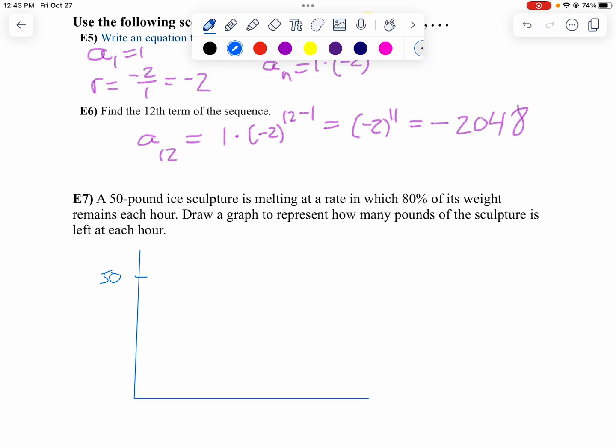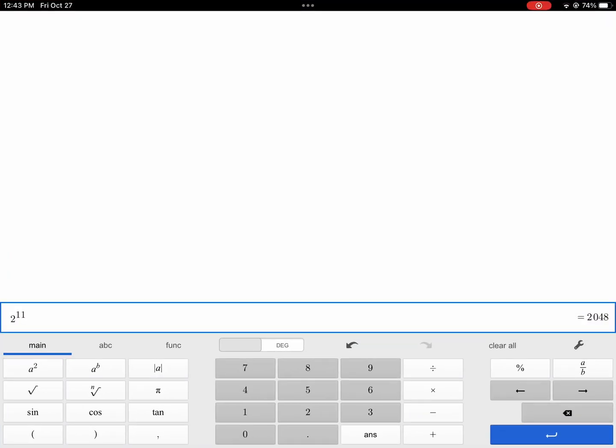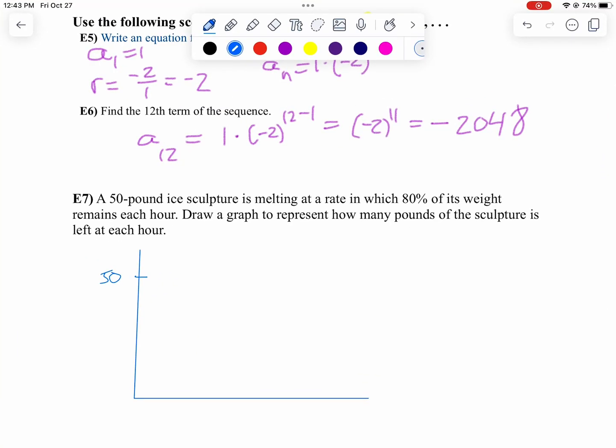Then I'm going to take 80% of 50. So if 80% is a decimal, it's 0.8. So I'm going to take 0.8 times 50. So after 1 hour, I'm going to have 40 pounds left over.